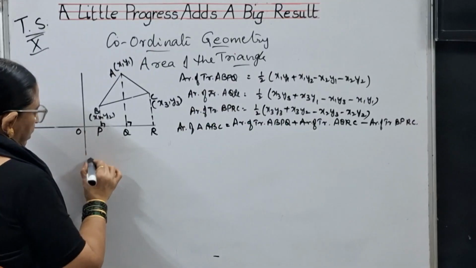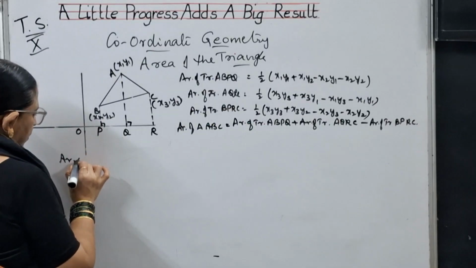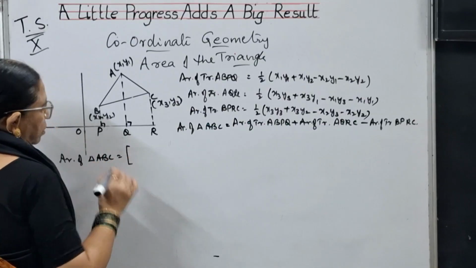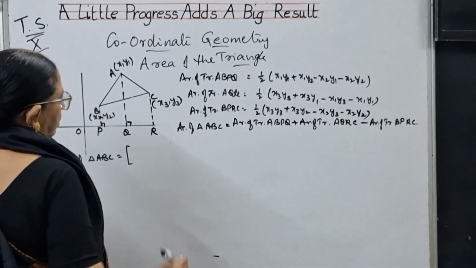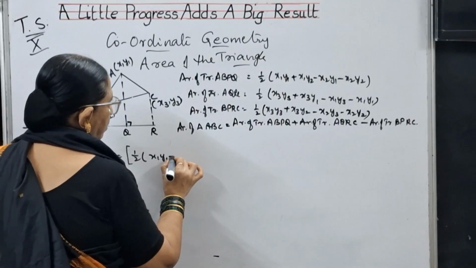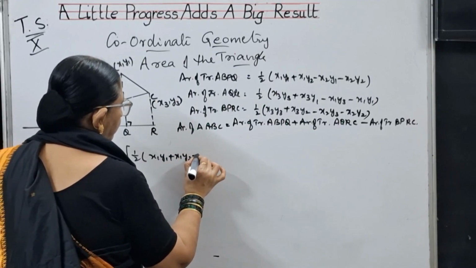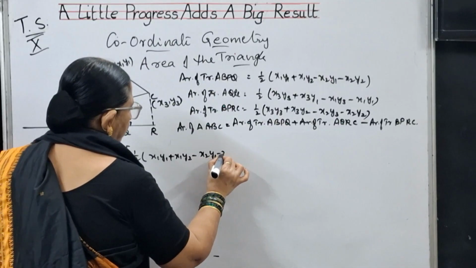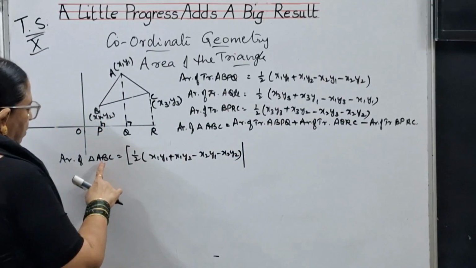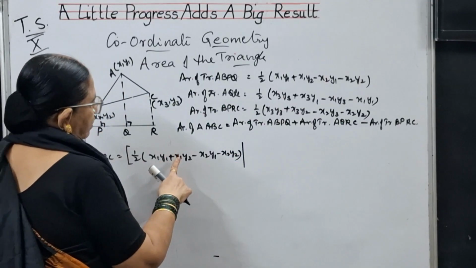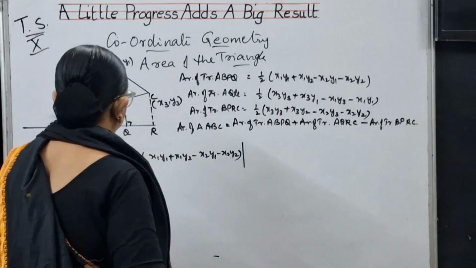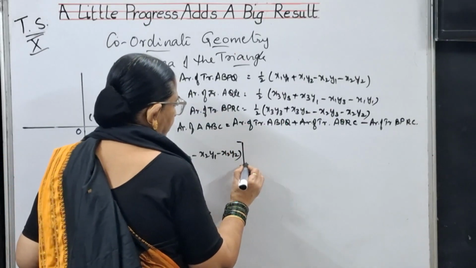So area of triangle ABC is equal to trapezium ABPQ area: half into x1 y1 plus x1 y2 minus x2 y1 minus x2 y2. Okay, this is the first one.